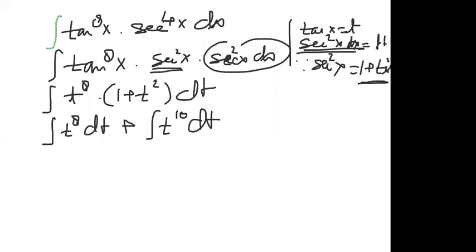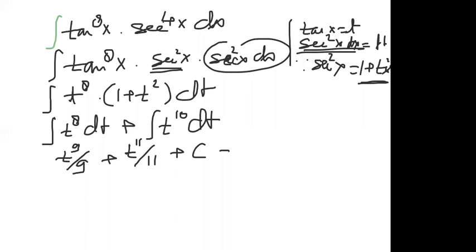Now it's very easy to simplify. It will be t to the power 9 upon 9 plus t to the power 11 upon 11 plus c. Now we need to put the value of t. t is tan x.